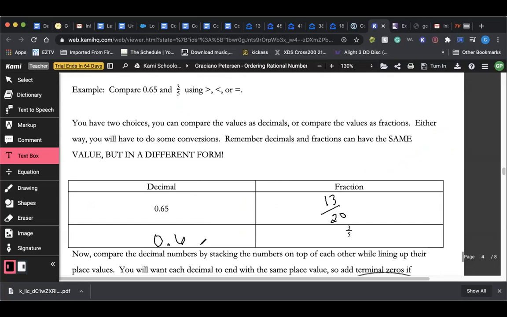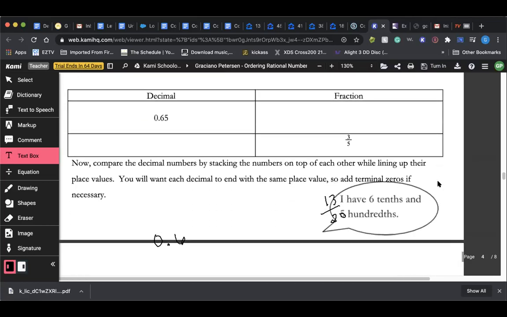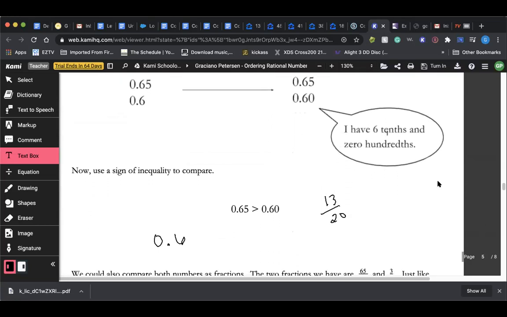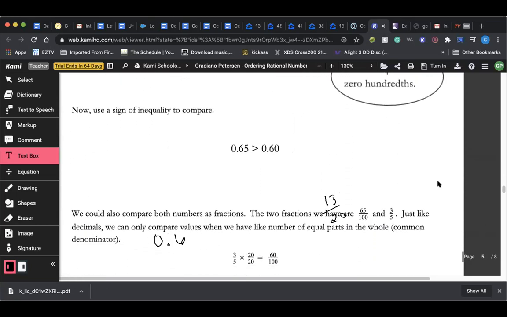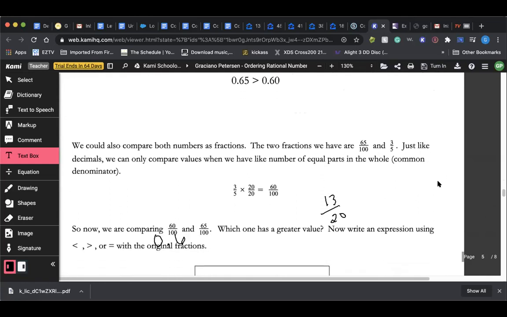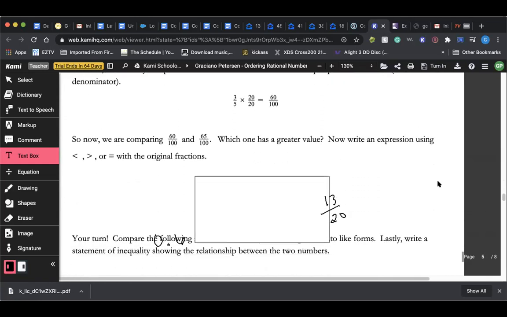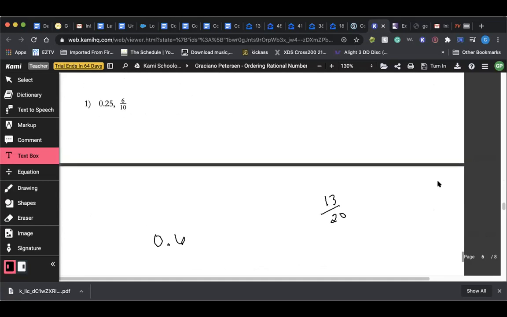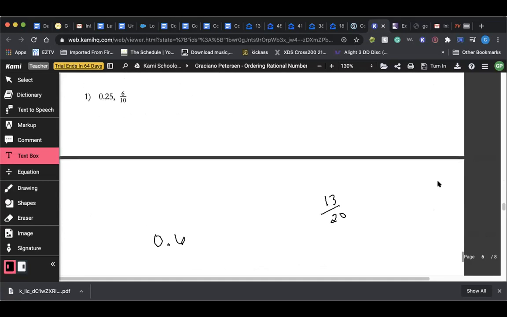We now know how to convert back and forth between a decimal and a fraction. Was there anything else I needed to show you? Right, good, I showed how to compare them. Perfect. We're going to do this example here, and then we're going to call it a day.